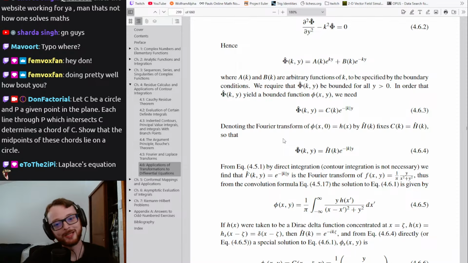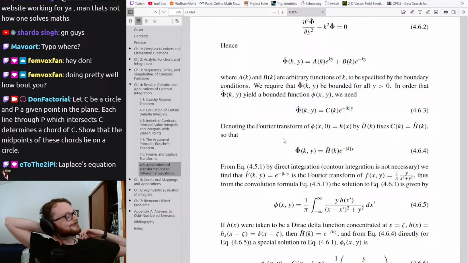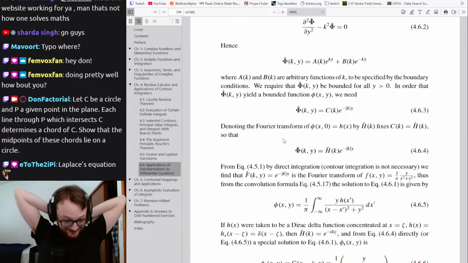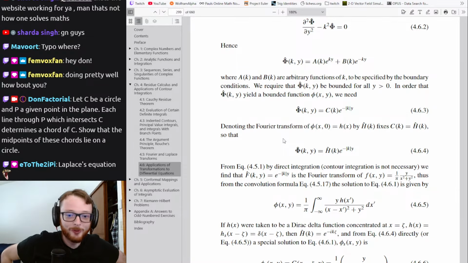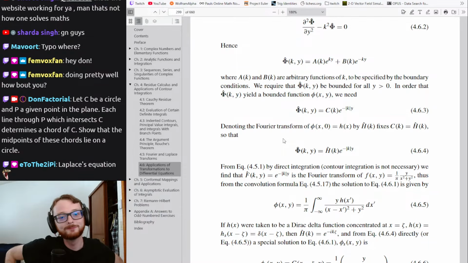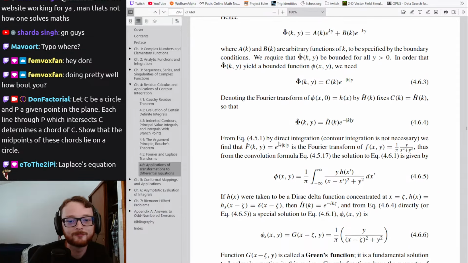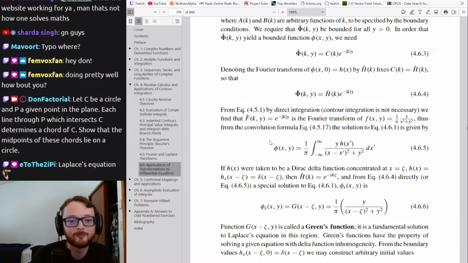The Laplace equation, yeah. With Fourier transforms, which I guess we did take the heat equation and get a Fourier series out of that during your class.